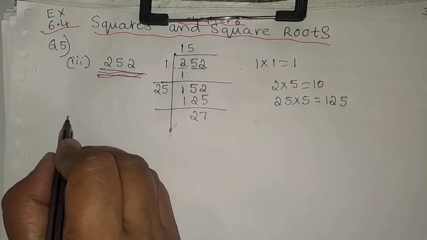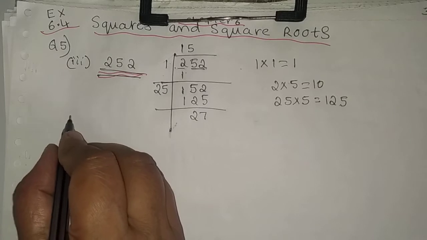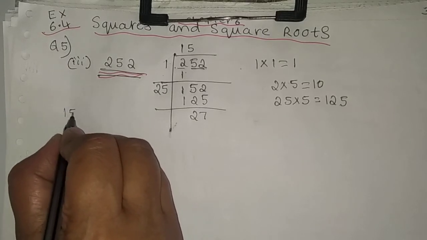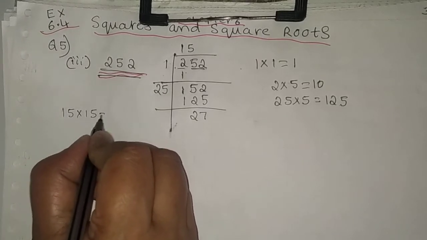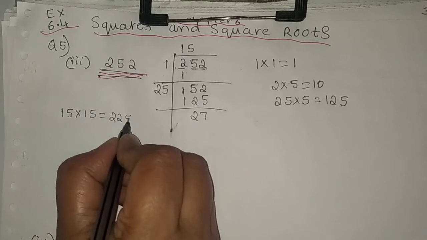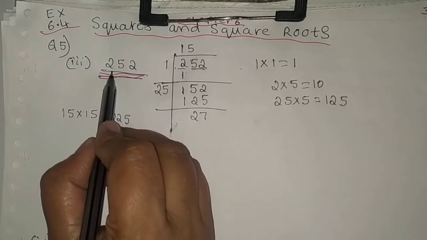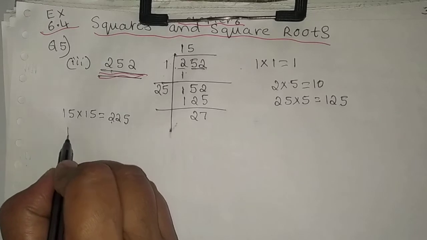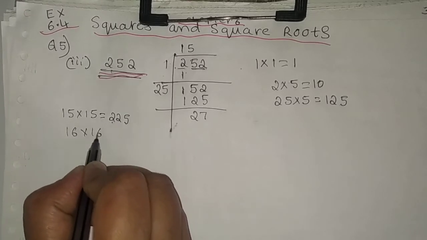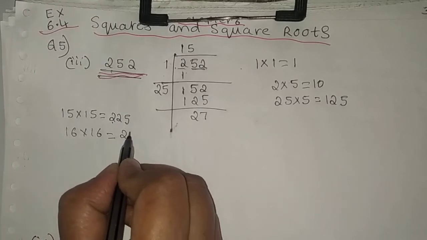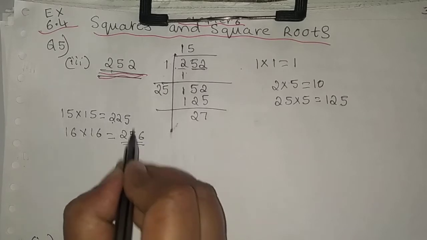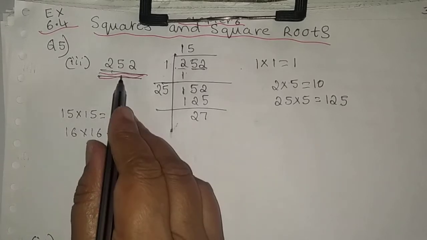Next, 15 into 15, how much we get? 225 we will get. Since this is less than the given number in the problem, we have to take the next number, that is 16 into 16. How much? It is 256. So 256 is greater than the given number.